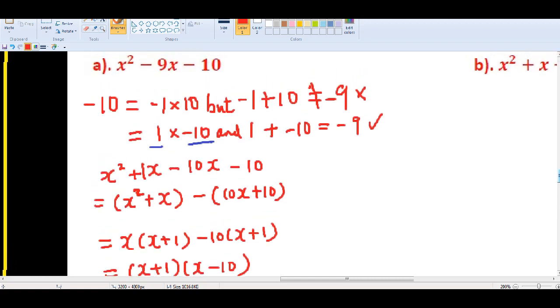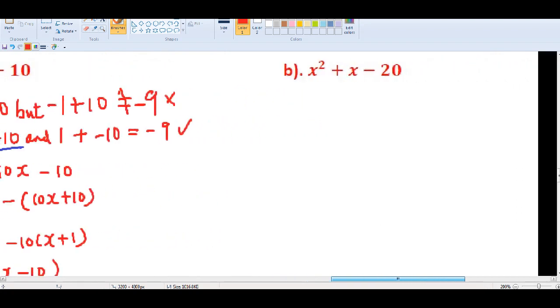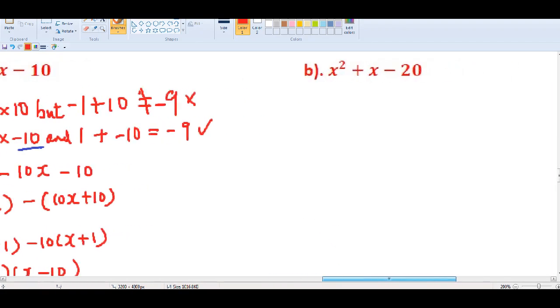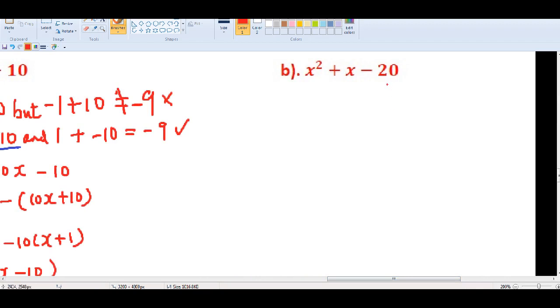See that? Now we're going to do another one, which has the last digit negative, but this time the middle one is positive. We are still going to use the same technique. So think about minus 20. You might think about 1 times 20, but if you've got minus 1 and 20, it should be 19 when you add them together.